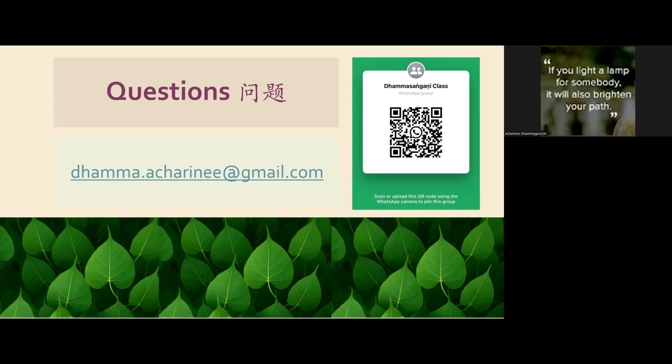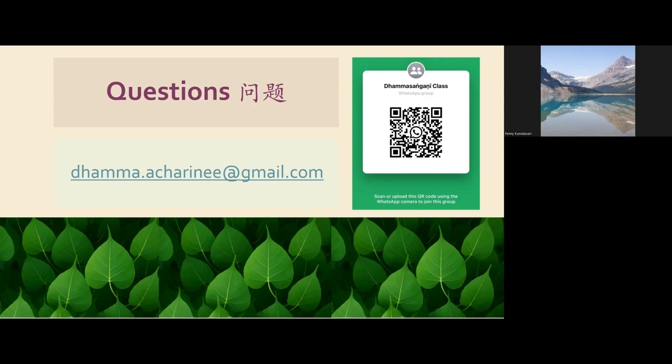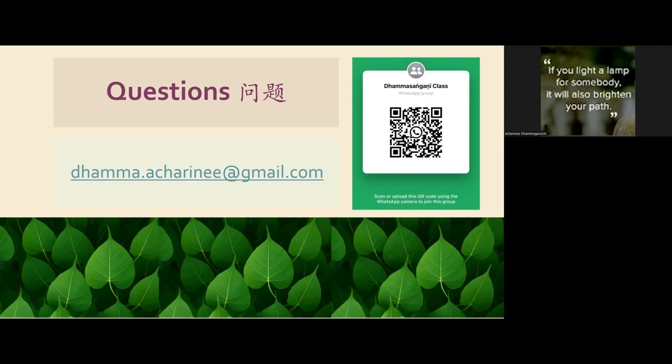Okay, so have I made it clearer, or is there more that I need to explain? Yeah, I would like to ask a further question. In my understanding, the impingement is connected with the Phassa Cetasika, one of the 7 sabbacitta sadharana cetasika, the cetasika of contact.